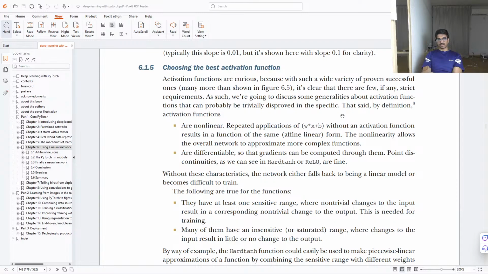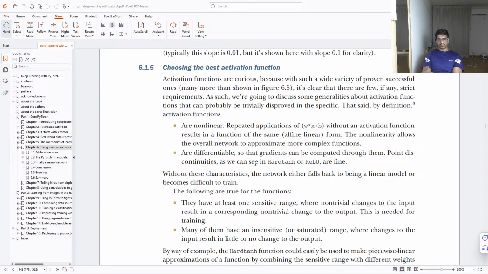That said, by definition, activation functions are non-linear. Repeated application of wx plus b without an activation function results in a function of the same affine linear form. The non-linearity allows the overall network to approximate more complex functions. They are also differentiable, so the gradient can be computed through them.